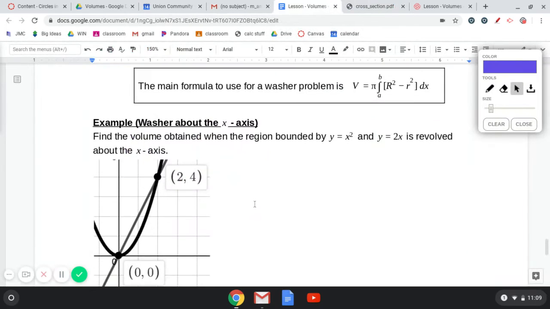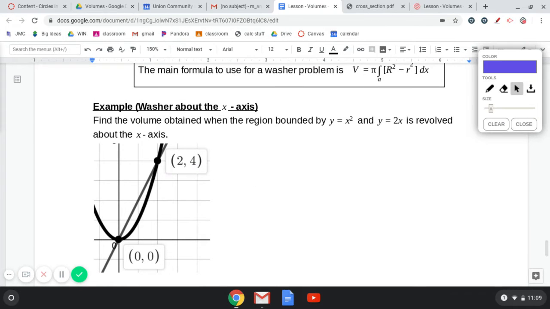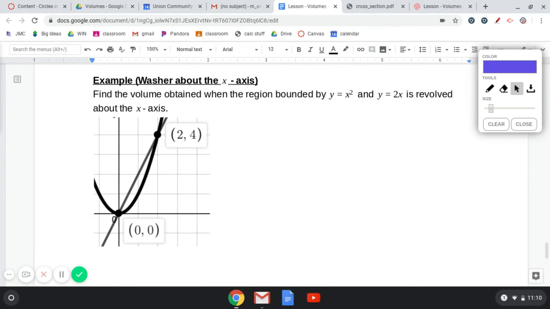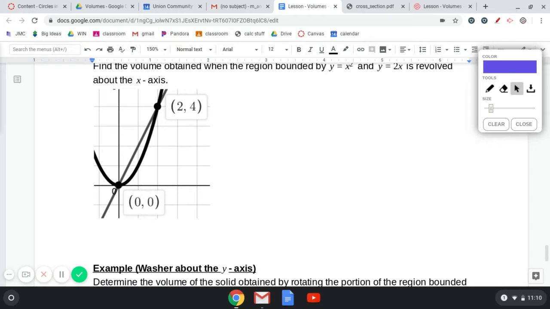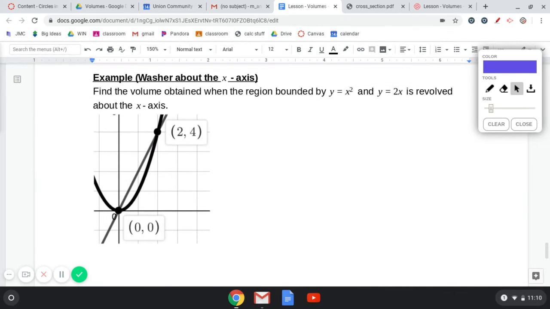So dx is for when you're rotating around the x-axis. You are going to use dy, like in the second example, when you're rotating around a vertical axis, like the y-axis. But since we are going to rotate this region about the x-axis, we're going to use dx.